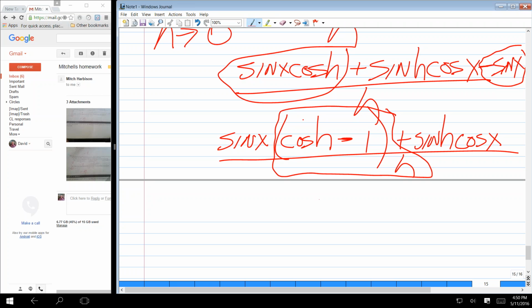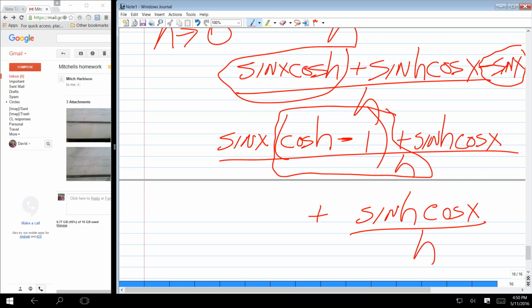Okay, so it wipes out this whole part of the fraction, and what I'm really left with is just the right side of that over h. And now, as h goes to 0, this goes to 1. No, excuse me.